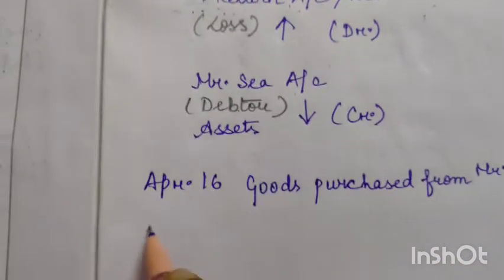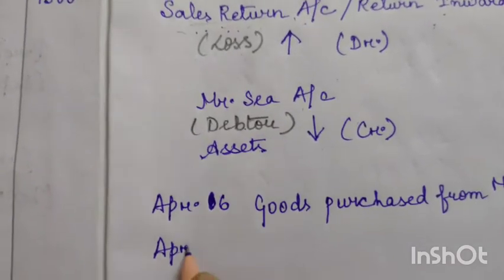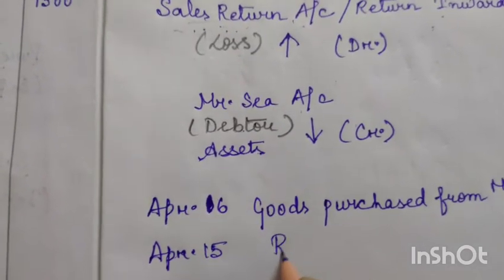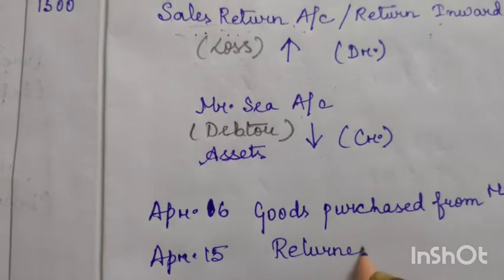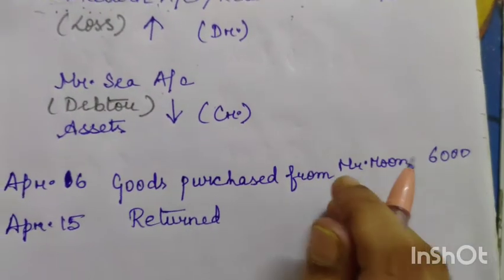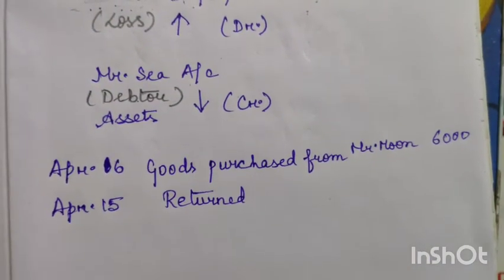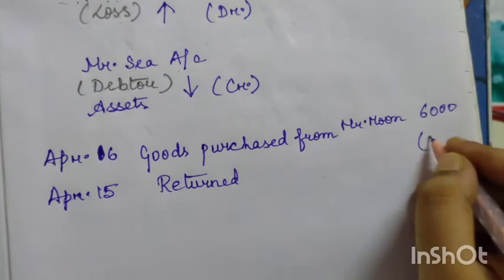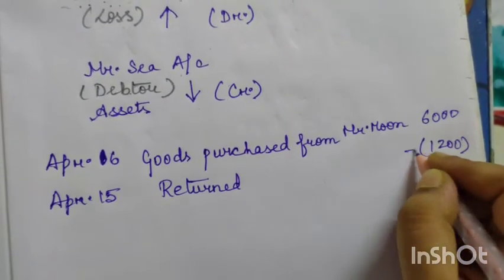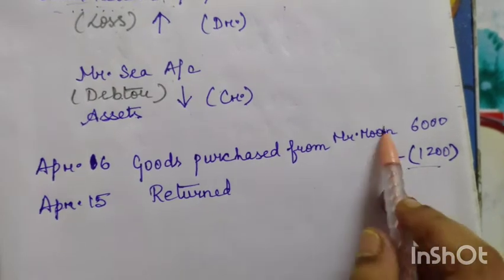Now the date was April 6, okay. So on April 15, we have returned the goods. The amount of the goods which we have returned is 1,200. So we have returned the goods of 1,200, means minus, okay. So we have returned the goods of 1,200 to Mr. Moon.